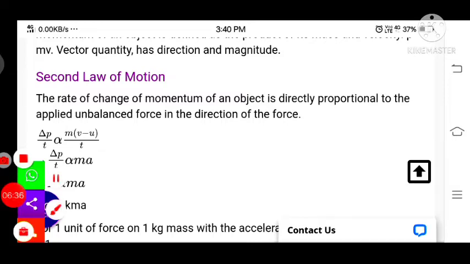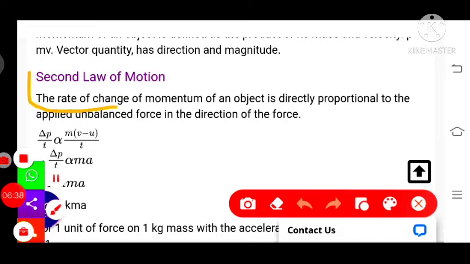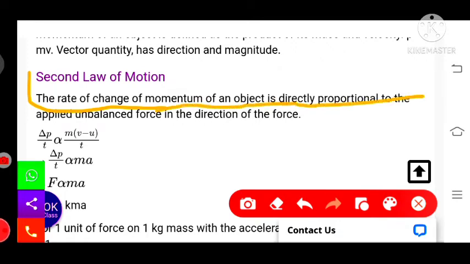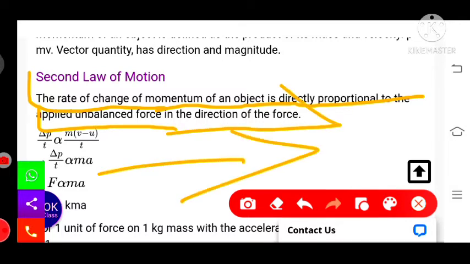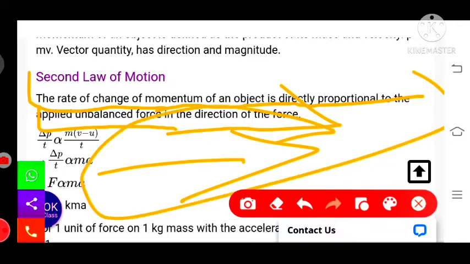It means that the rate at which the momentum changes is directly proportional to the unbalanced force applied in the direction of the force.